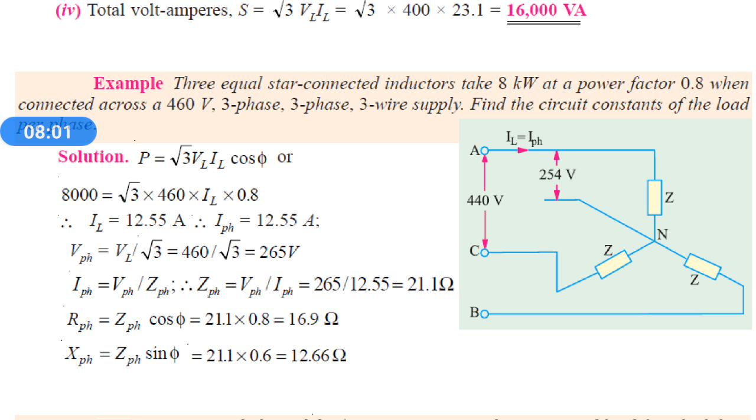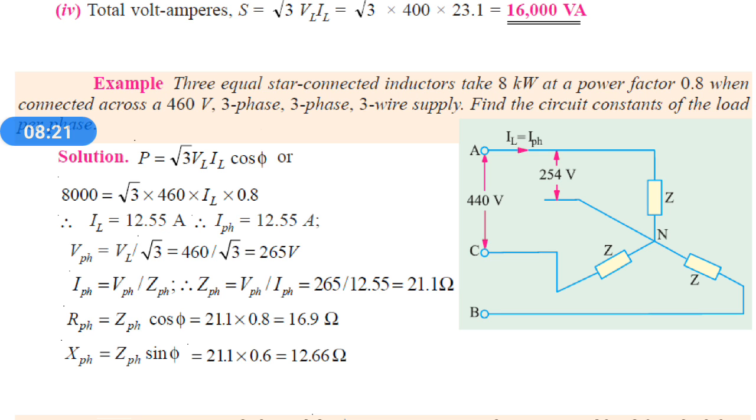Phase voltage equal to line voltage by root 3. Line voltage is 460, so 460 divided by root 3 gives 265 volt, that is the phase voltage. We know I phase equal to V phase by Z phase.